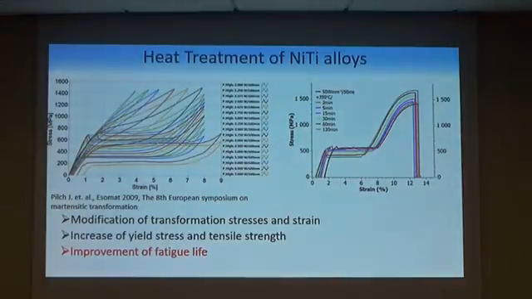Superelastic and also other properties can be significantly changed by heat treatment. So it is possible to modify transformation stresses, transformation strain, and also tensile strength and yield stress can be increased by precipitation hardening. And the important question is, what is the influence of heat treatment on fatigue life?